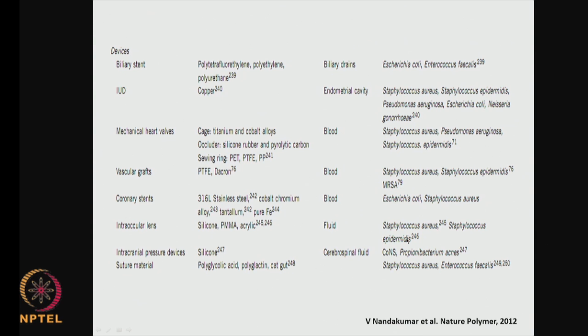So these are the common bacteria, and as I showed you in the past 2-3 slides, the environment could be blood, there could be urine, it could be different types of fluids, cranial fluids, cerebrospinal fluids and so on. So we have metals, non-metals, polymers, and ceramics, they all have these types of infection.